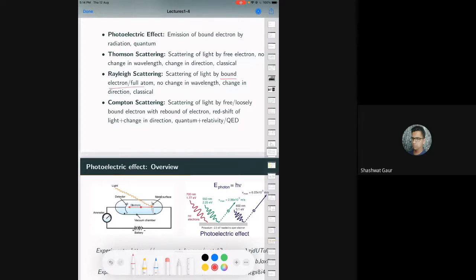Let's say red light is incident on some free electrons or loosely bound electrons, maybe you get orange light reflected off, in addition to a change in the direction. Now this again required a quantum explanation, and if you want to be very accurate, you also had to include relativity and QED. QED means quantum electrodynamics, where light is also treated quantum mechanically.